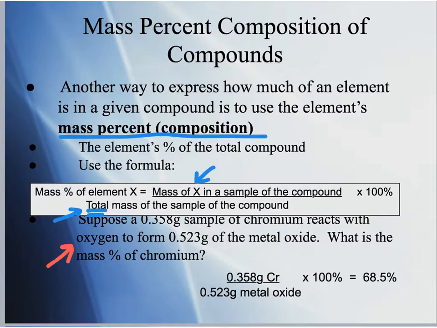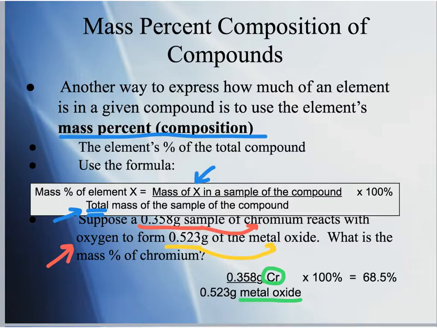Well, we know we've got 0.358 grams of chromium here, and we've got 0.53 grams of the chromium oxide. So what we'll do is take the mass of the chromium and put it on top, and we'll take the total mass of the metal oxide, or in this case, the chromium oxide, and we'll put it on the bottom.